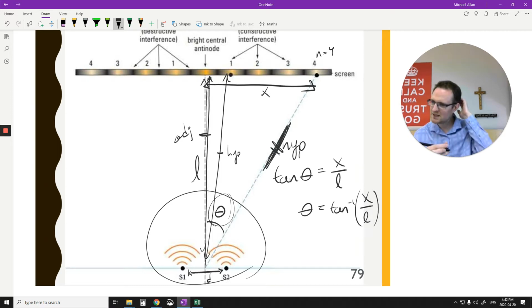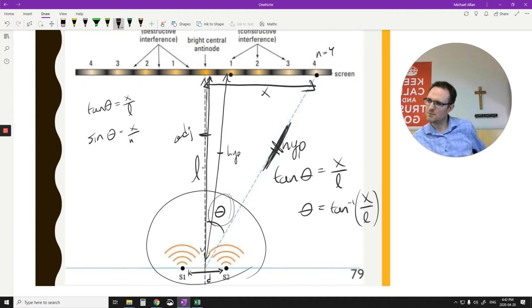If the hypotenuse and the L are the same thing, I can almost say that tan theta is equal to sine theta, because tan is x over L, and sine theta is x over the hypotenuse. If I can say that L and hypotenuse are the same thing, then tan theta is equal to sine theta.